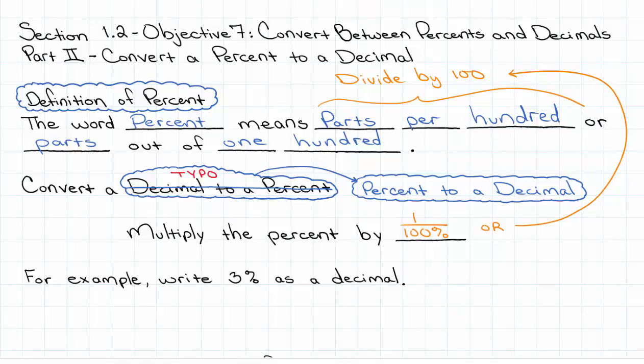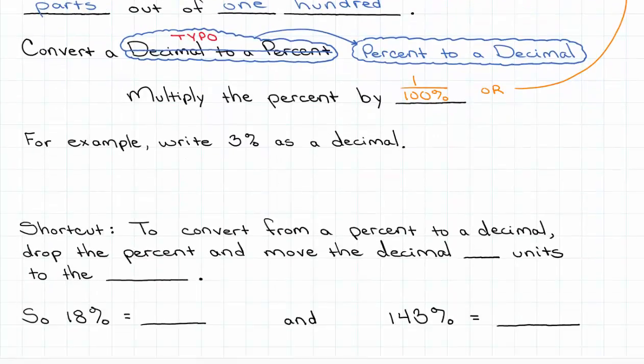For example, 3% as a decimal. How much would that be? So if we have 3%, that means 3 parts out of 100, which is the same thing as 0.03, 3 hundredths.